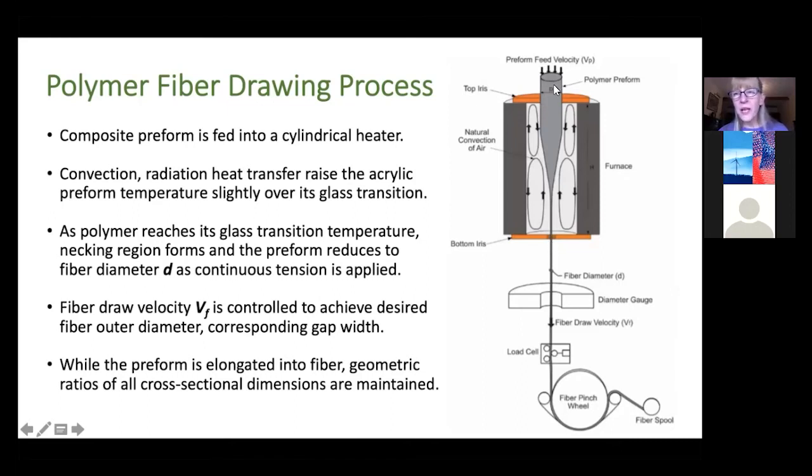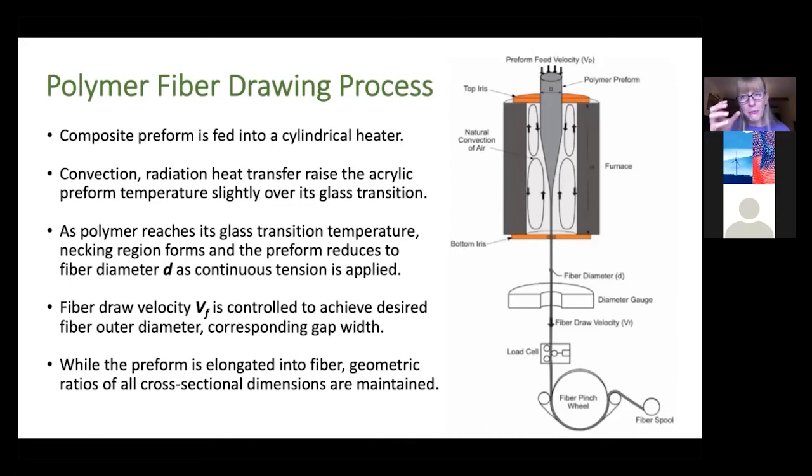So the preform diameter, we're calling that capital D, the fiber diameter, small d, and the fiber velocity, V sub f, is what's used in the drawing process to control that fiber diameter, the outer diameter. That makes it possible to control as well the width of that interstitial gap between the inside rod and the outer tube of the preform that I showed in the previous slide.